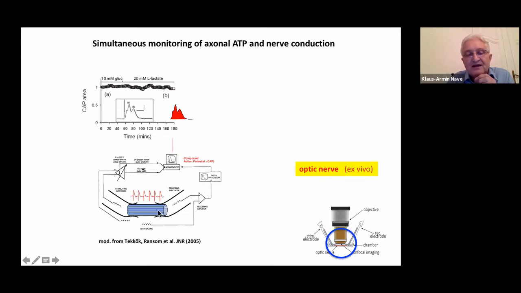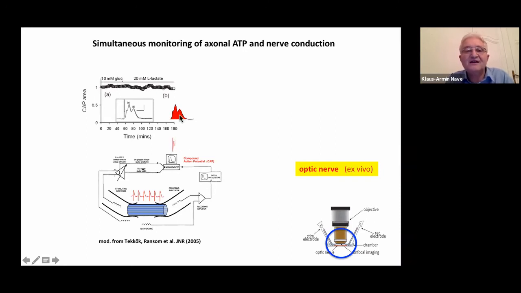These are myelinated axons taken acutely out of the animal, and we're using them for electrophysiology and imaging at the same time. So when we stimulate them, we can record a compound action potential. There's a characteristic area underneath this compound action potential curve, which gives you as a constant basically the 100% integrity of conductivity of the optic nerve in the presence of glucose or lactate.